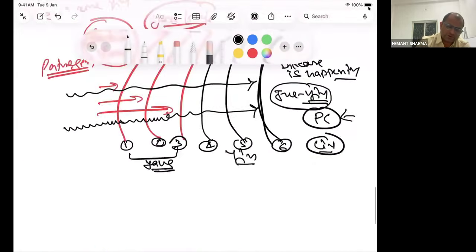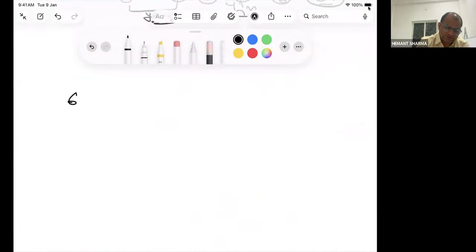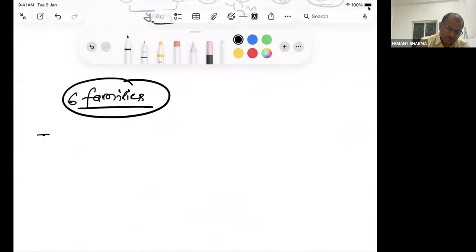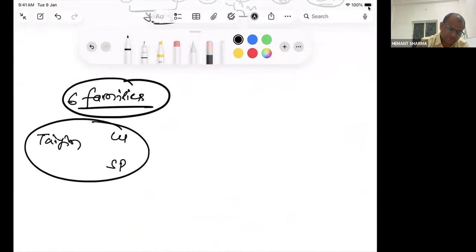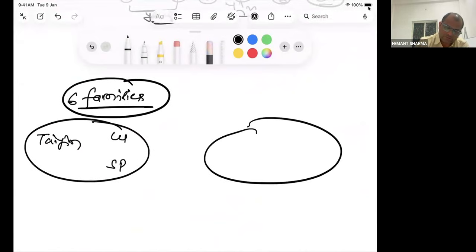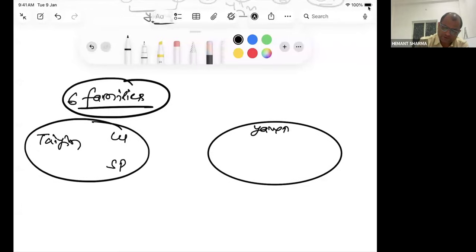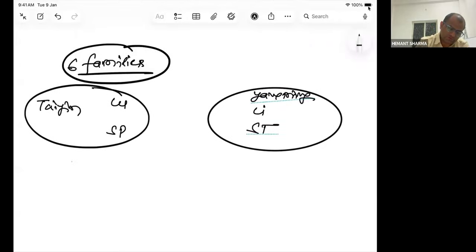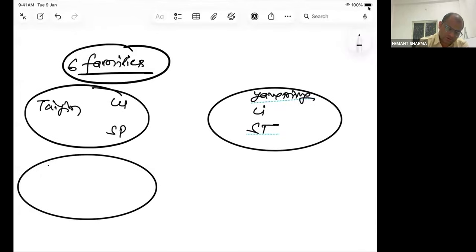So now what we understood is there are 6 families. Every family is very unique. First, Tai yin means lung and spleen. The second family is Yang Ming, meaning Li and St. Then the third family is Shaoyin, meaning heart and kidney.